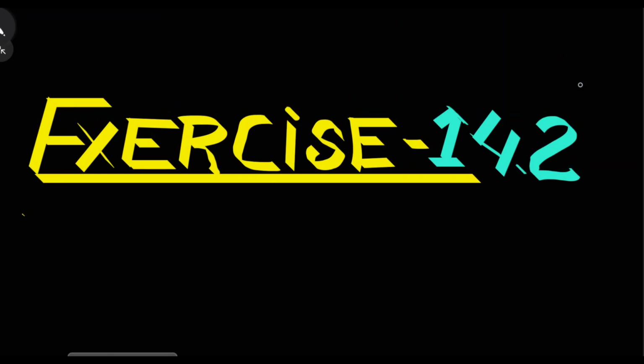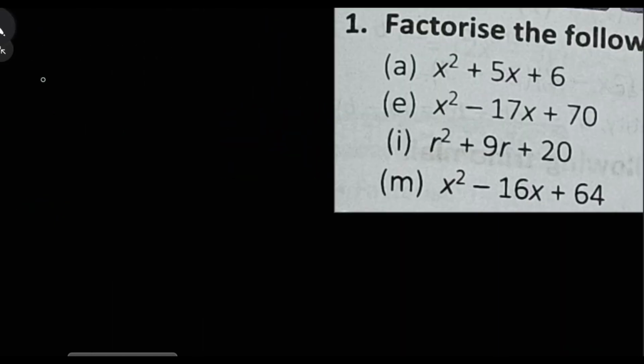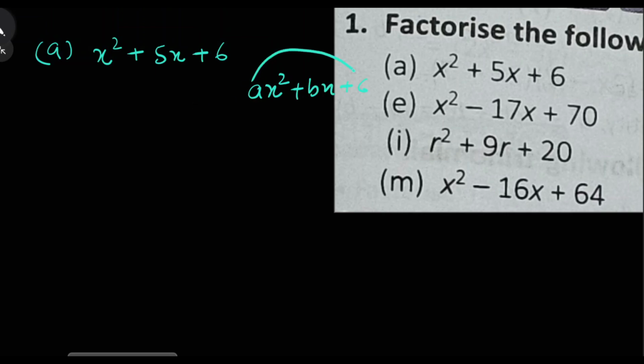Let us understand how to find the factors of a quadratic expression by using exercise 14.2. Our first question is A1. It says factorize the following: x square plus 5x plus 6. It is in the general form ax square plus bx plus c. What do we have to do next? We have to multiply a into c.